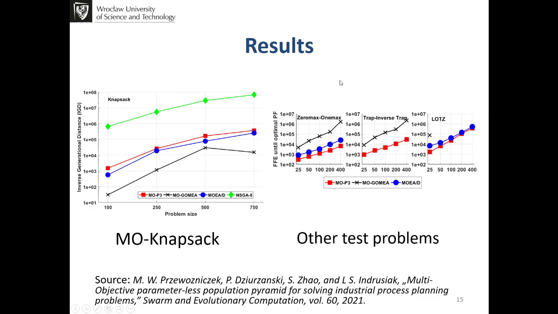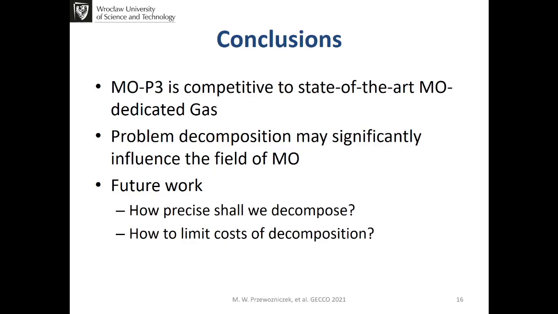And here we have some typical benchmarks for multi-objective optimization, for which the linkage learning methods also perform significantly better than MOEA/D and NSGA-II. So to conclude, multi-objective P3 is competitive with state-of-the-art multi-objective dedicated GAs.